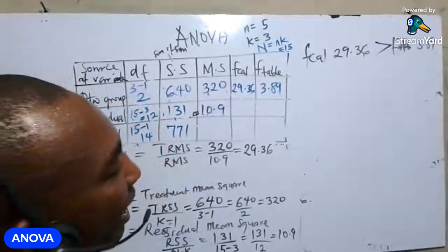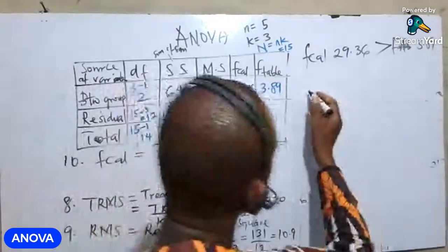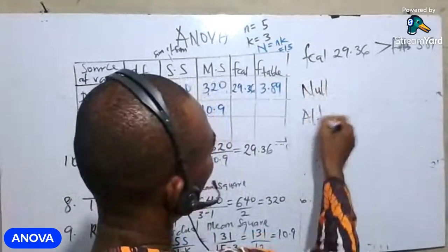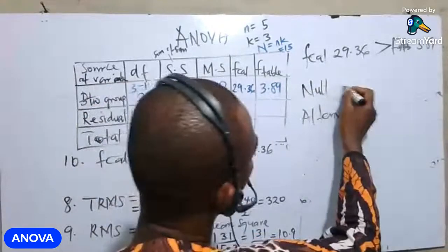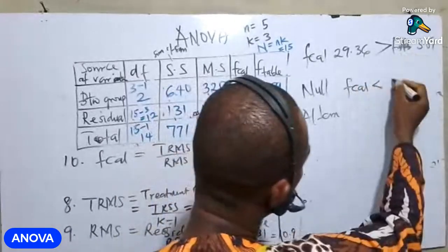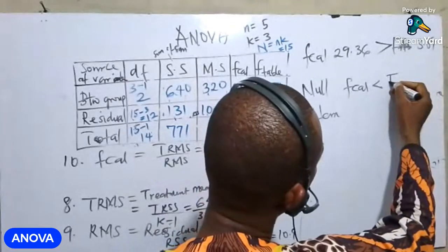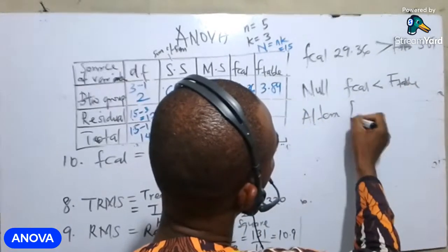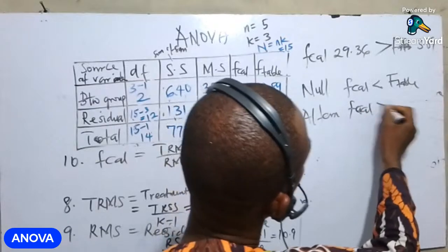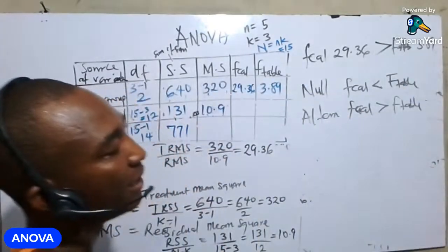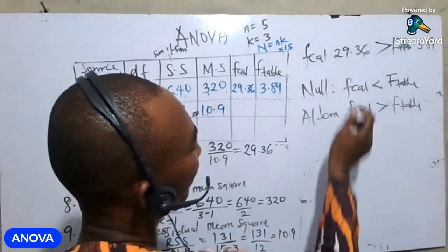What you go and check. In that case, like I said, remember the condition. To take the null hypothesis, your F calculated must be lesser than F table. To take the alternative hypothesis, your F calculated must be greater than F table. So which of these conditions is met? The second one.